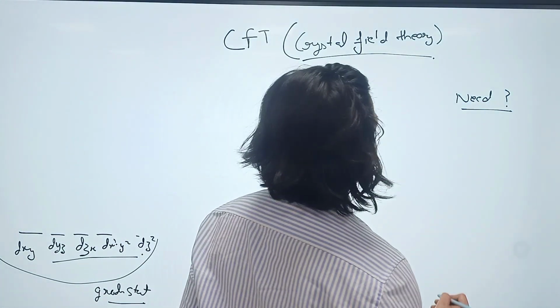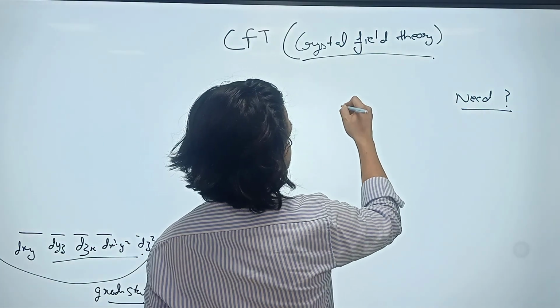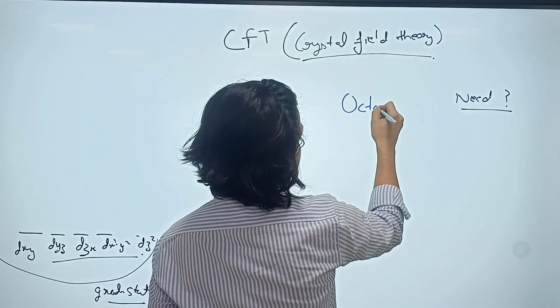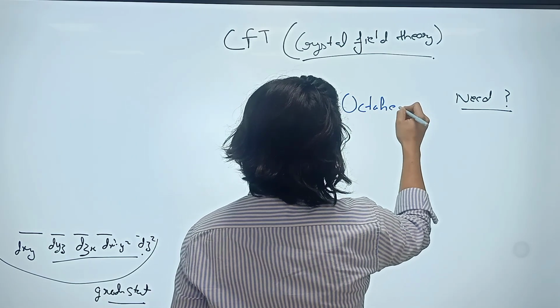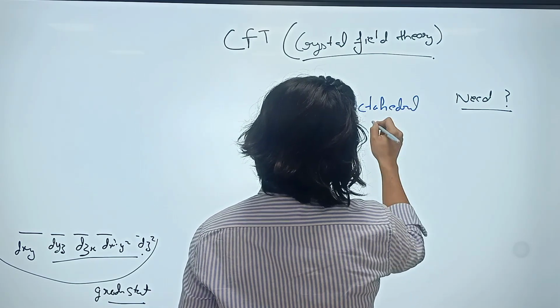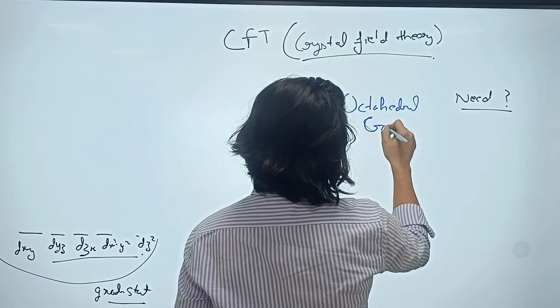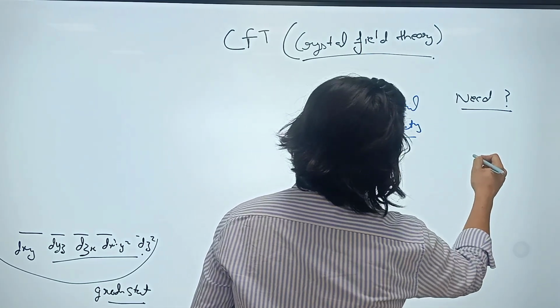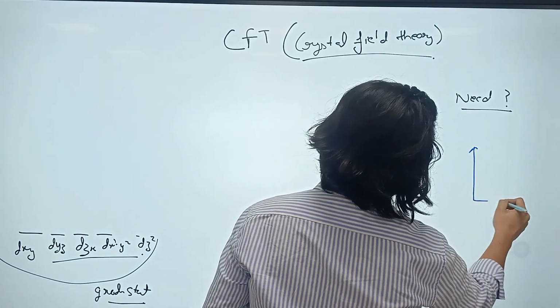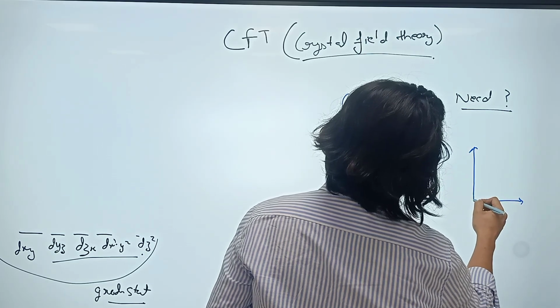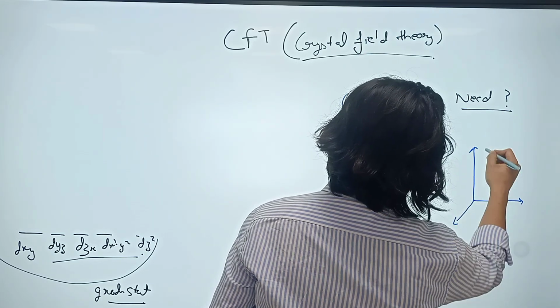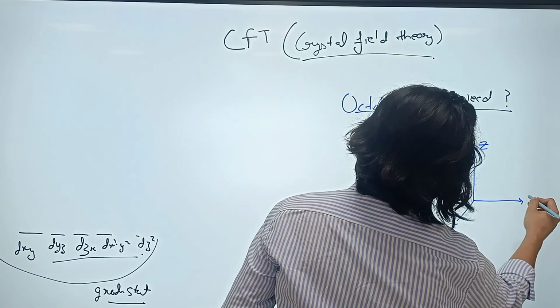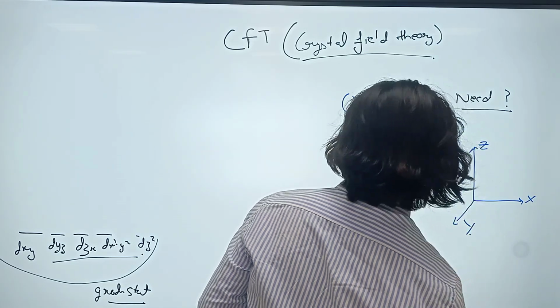Now let's discuss by considering an example of octahedral geometry. Let us consider this as our z-axis, x-axis and y-axis.